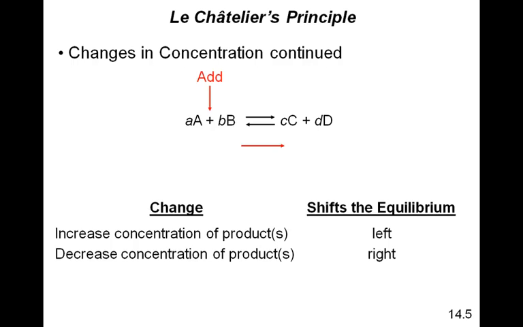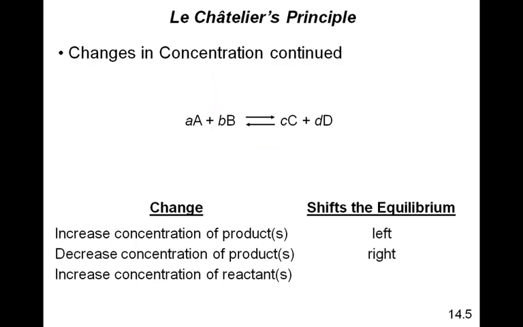If we add reactants, again, now we have too much reactants, and the value that we are going to establish is going to be now smaller than the K sub C, so it's going to shift to the right in order to try to make more products and reduce the amount of reactants, of course. And in that process, it's going to shift to the right.